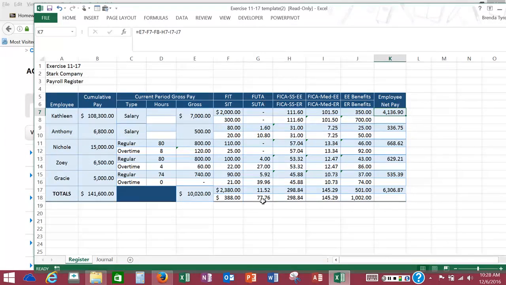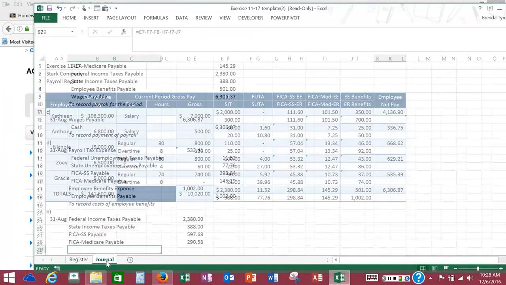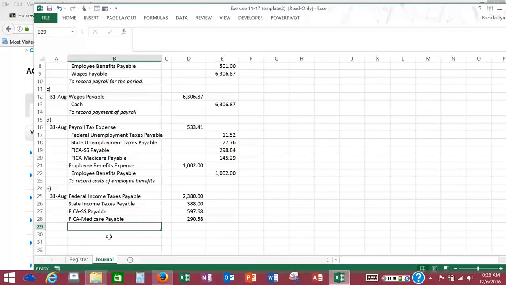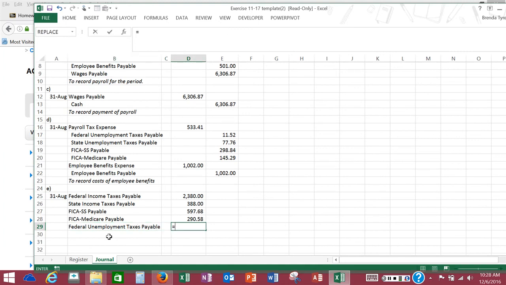Okay, let's go back to our register. We've got our FUTA and SUTAs. We didn't do those yet, so we need to take care of those. Federal unemployment. And we'll grab that number. State unemployment.